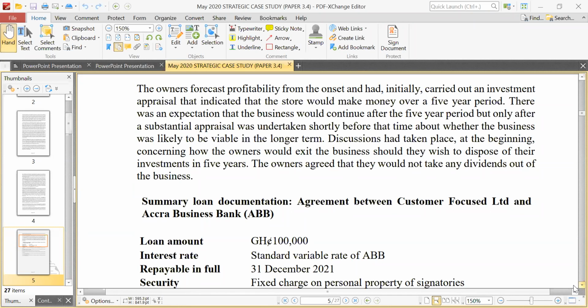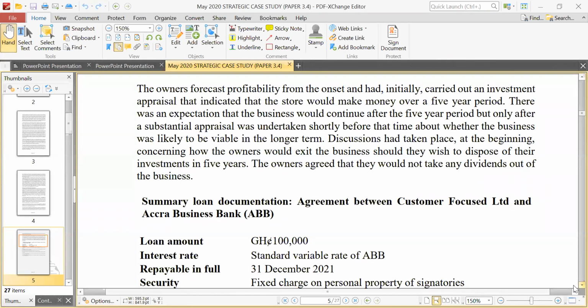And forecasts are supposed to be monitored because there are constant environmental changes, especially if you're operating in a turbulent environment. And so we need to understand what kind of assumptions were put into this forecast, right?